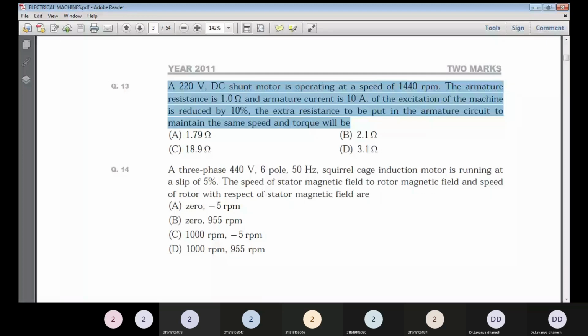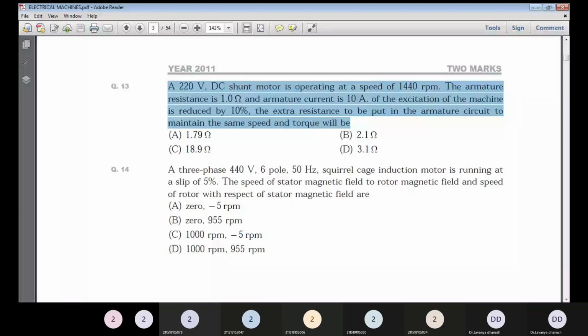So we'll be having EB1 is equal to 0.9 into EB2. So phi2 by phi1 I can write as 0.9.